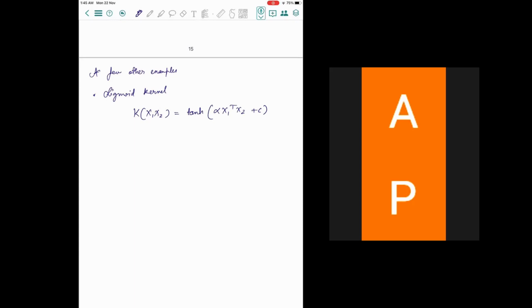This is used in neural networks as an activation function. It is similar to a two-layer perceptron model of neural networks.